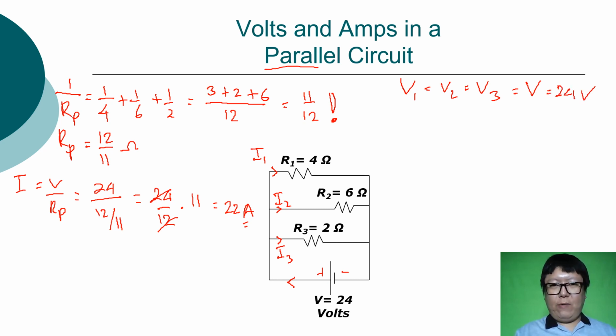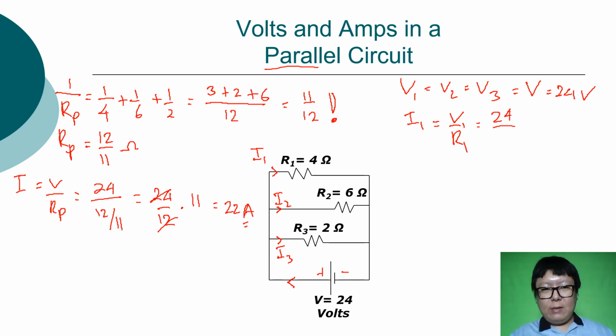Then if we want to find the I1, we can use phi1 per R1. So I1 is 24 divided by 4. Then we get 6 amps.